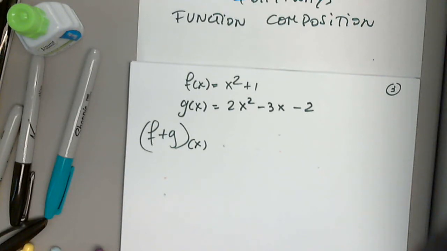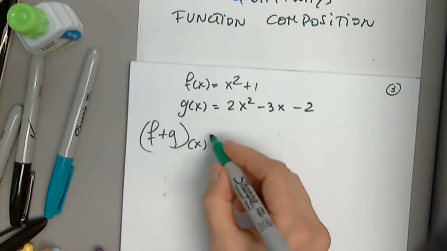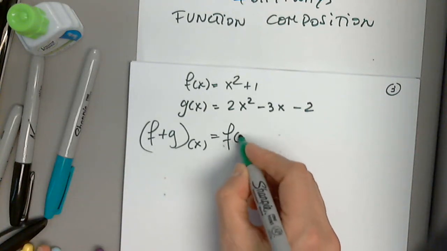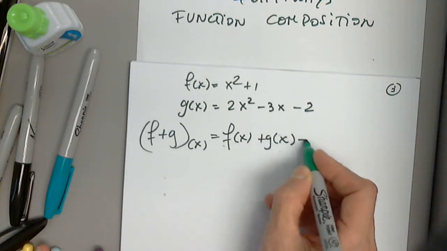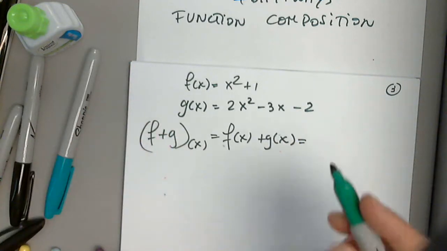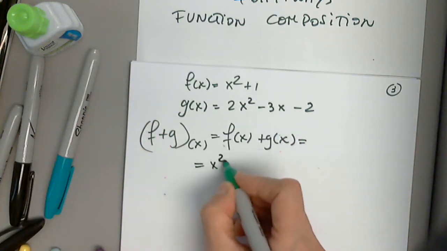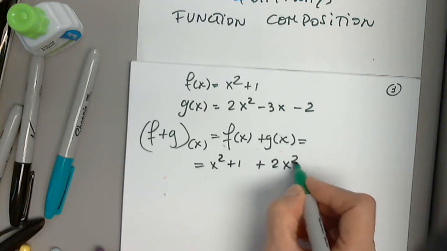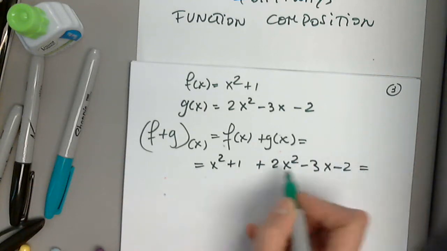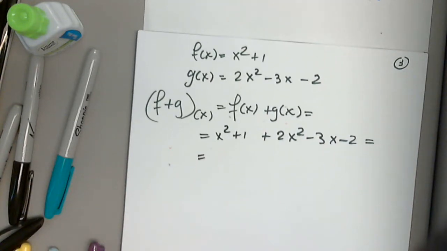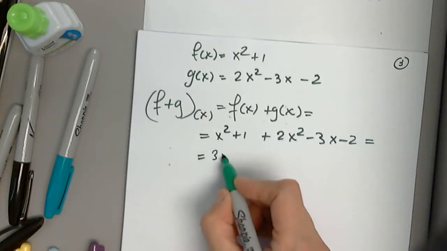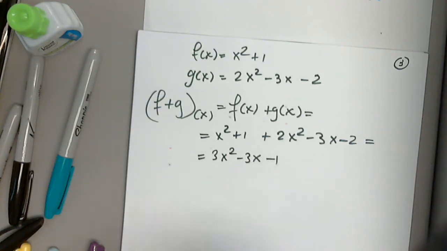Common sense says you are really asked to do f of x plus g of x, indeed. I'm going to just replace them. So then I have x squared plus 1 plus 2x squared minus 3x minus 2. And of course, I have to combine like terms like I would normally do. So then I get 3x squared minus 3x minus 1.